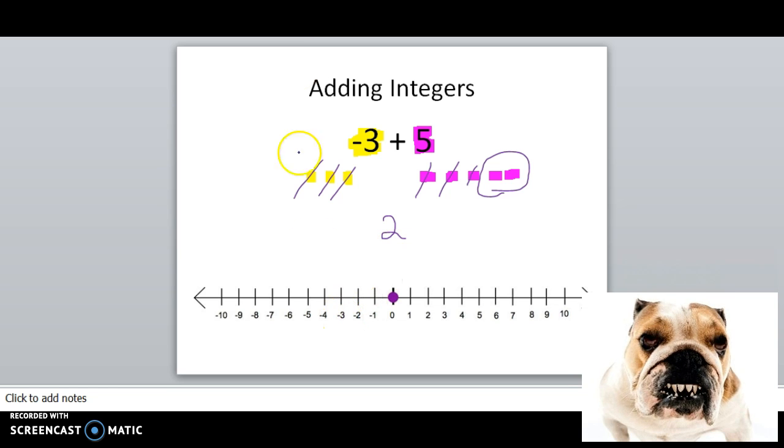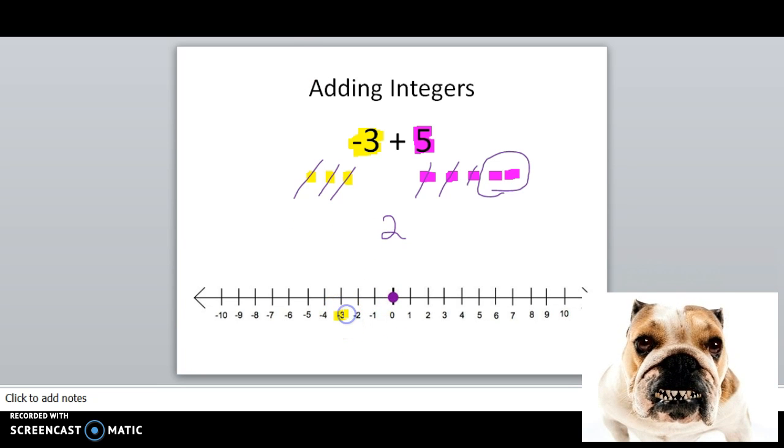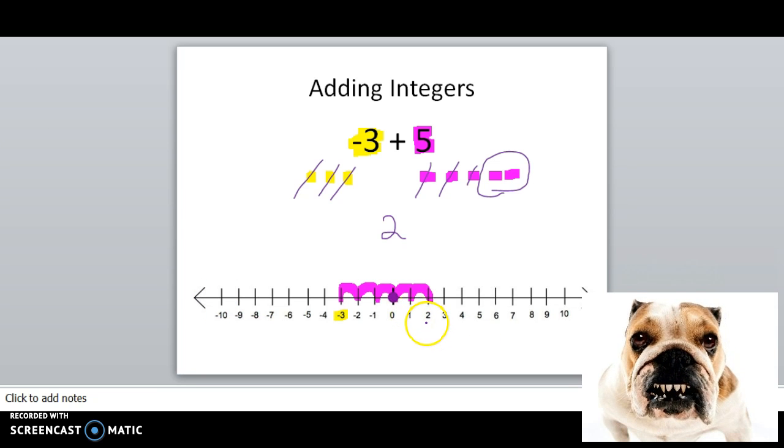If you would prefer to use a number line, you're going to start at -3, and I'm going to add 5. Because I'm adding 5, I'm going to move in the positive direction, and go 1, 2, 3, 4, 5. So -3 plus 5 is positive 2.